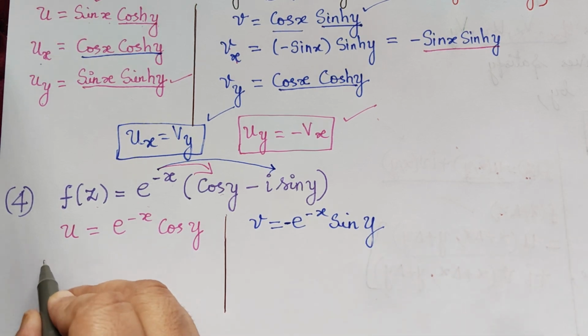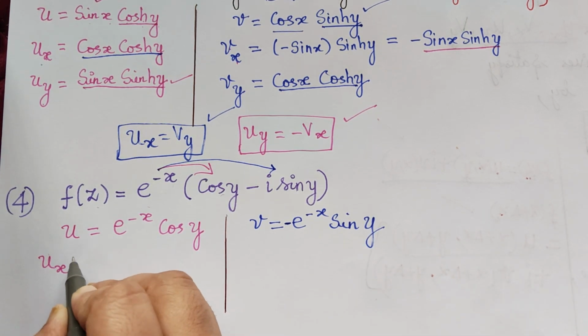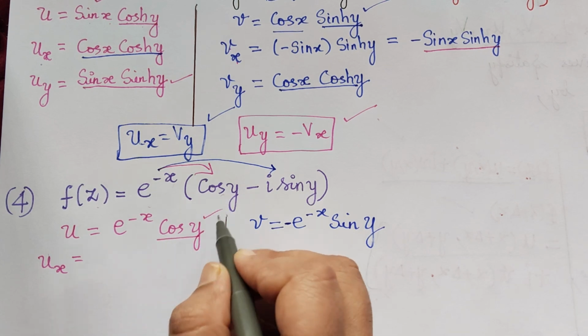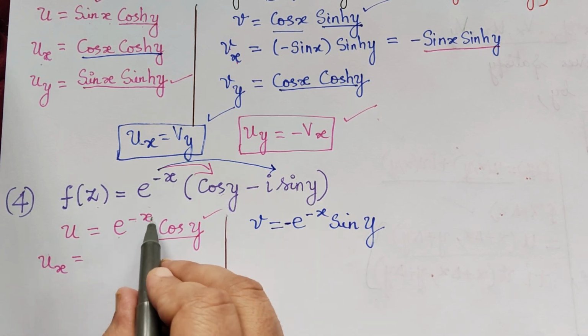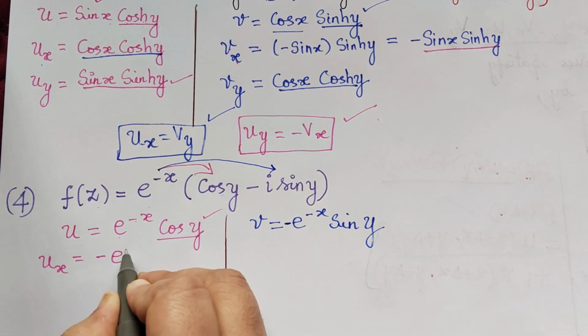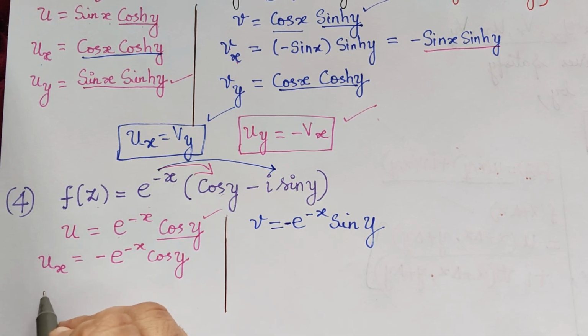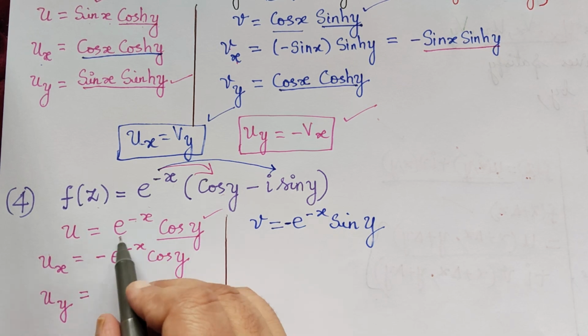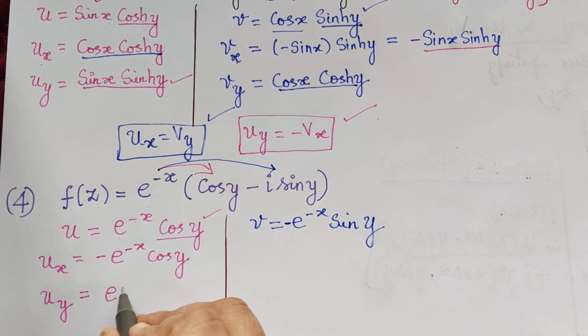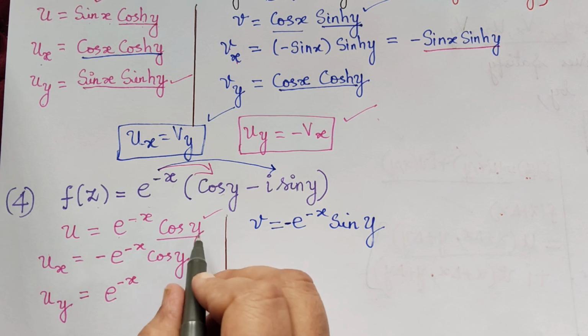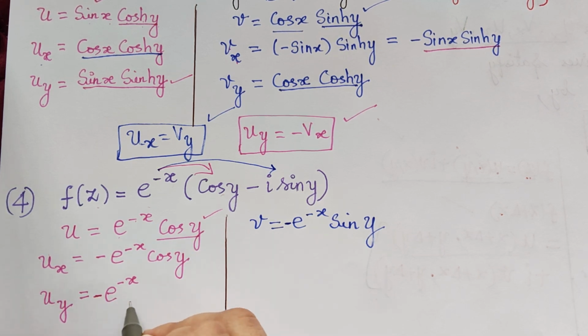So next is finding ux, differentiating u partially with respect to x. Y will be constant, and so differentiation of e power minus x is minus e power minus x, cos y comes as it is. Next, differentiation of u with respect to y, which is equal to, now e power negative x will be treated as constant, and what is the differentiation of cos y? It is minus sine y. So this minus I'll put here, and we have sine y.